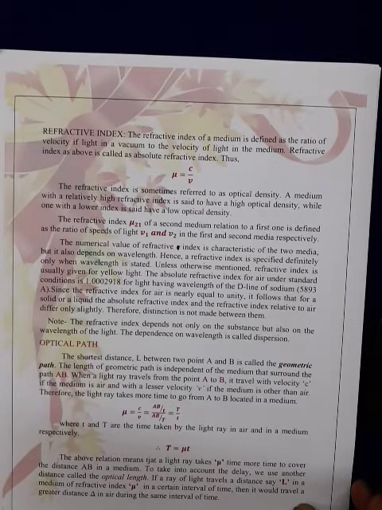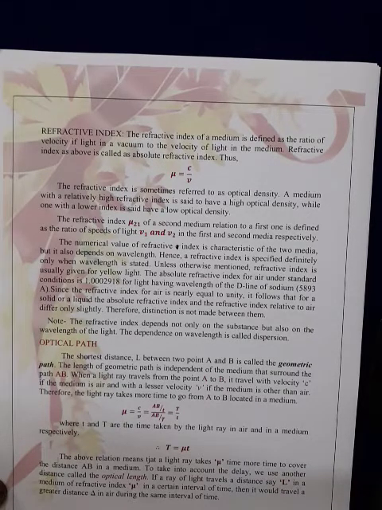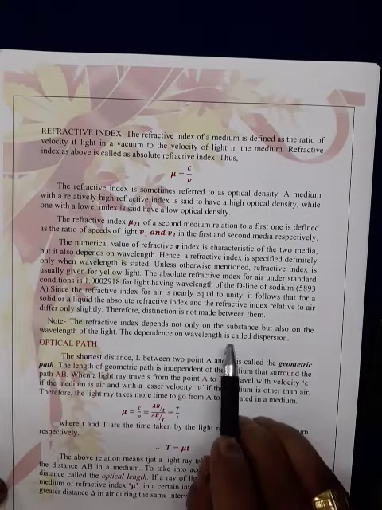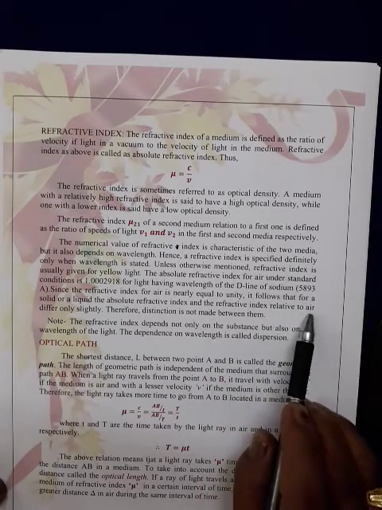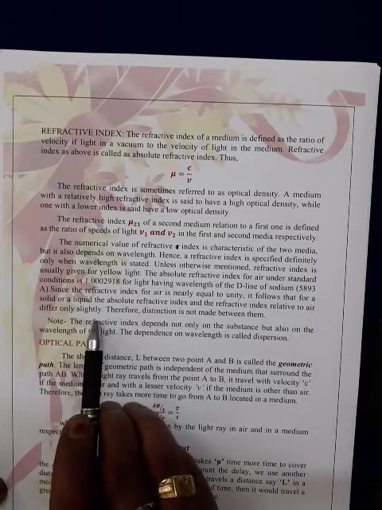Since the refractive index of air is nearly equal to unity, it follows that for a solid or a liquid, the absolute refractive index and the refractive index relative to air differ only slightly. You have to remember this.